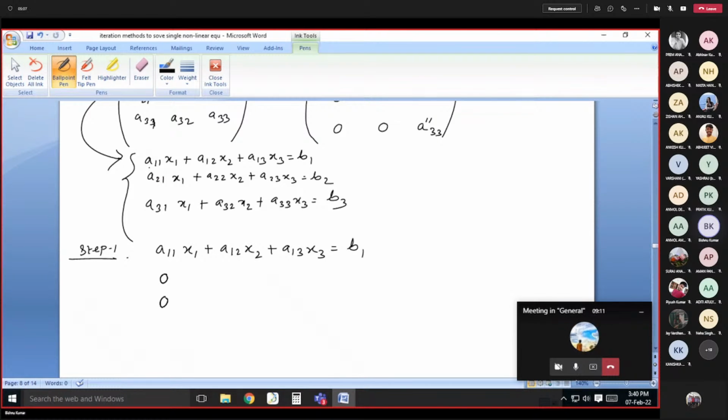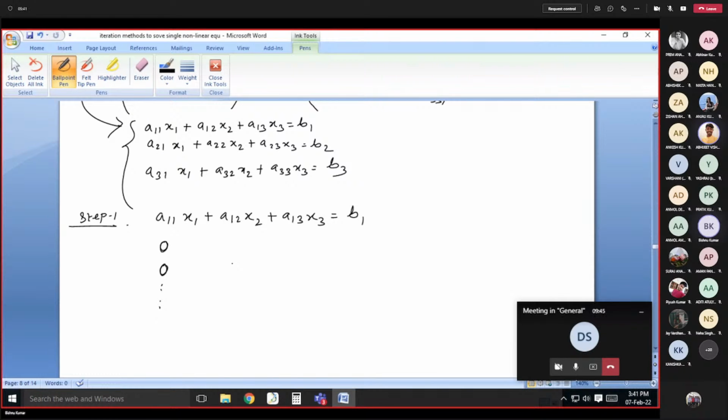So you have to do some elementary row operations such that the second equation will be updated, this position will be 0. The third equation will be updated, this position will be 0. If you have more than 3 equations, then the remaining positions also will be 0, like that. So in first step, first equation unchanged, with the help of first equation, in the remaining equations first position 0. You got the idea? Okay.